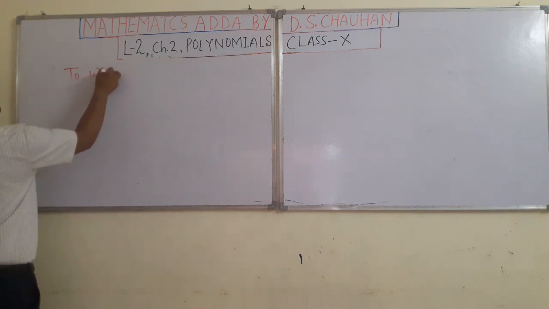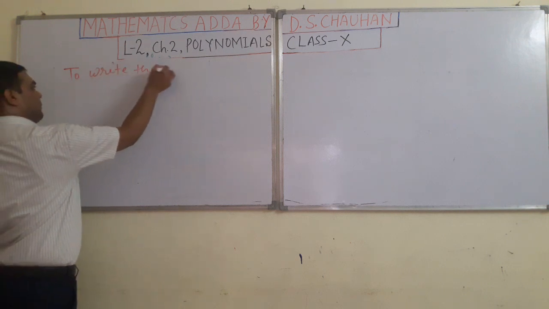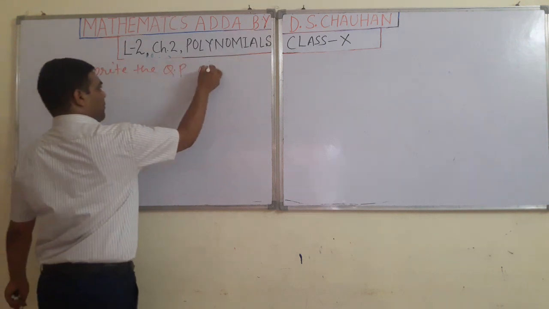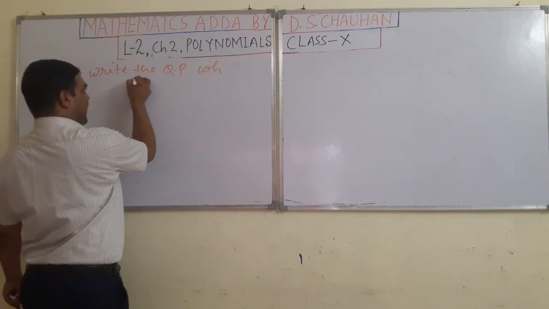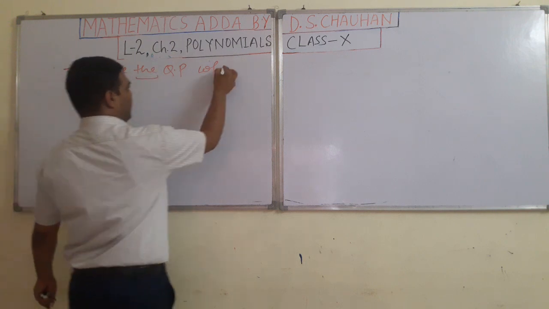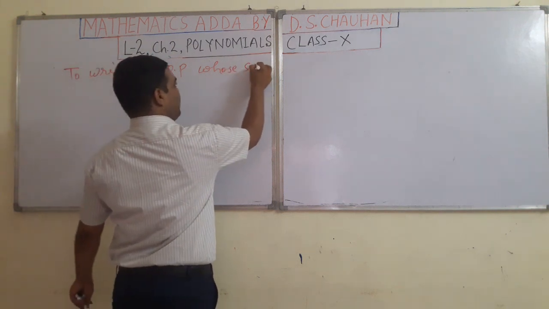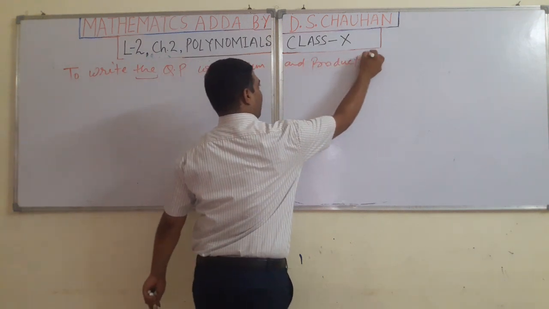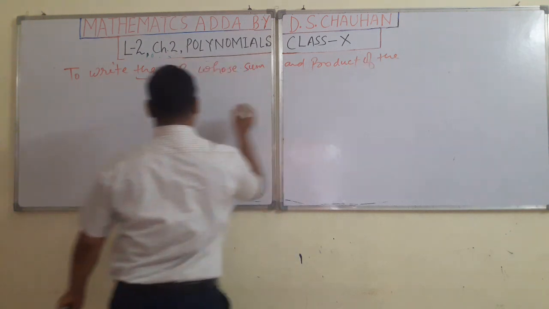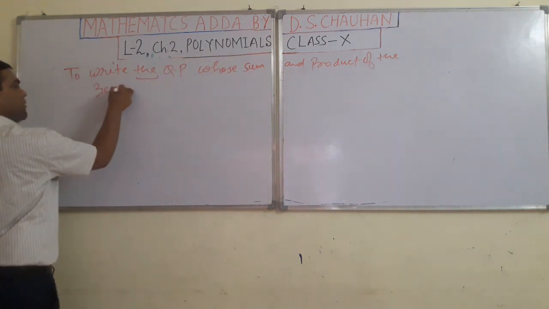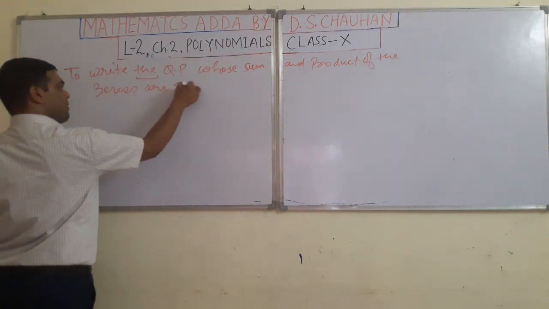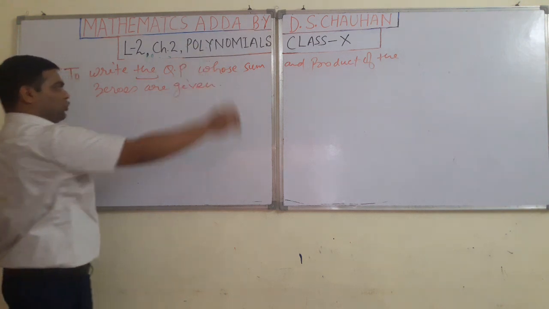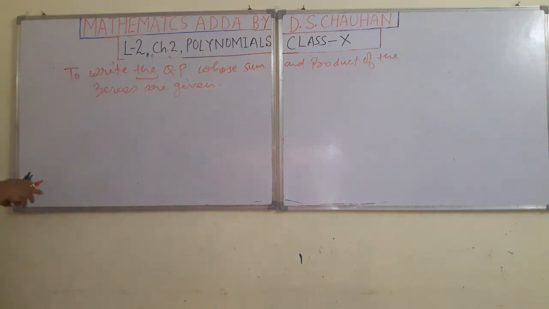To write the quadratic polynomial whose sum and product of the zeros are given, see how to do it. Easily.